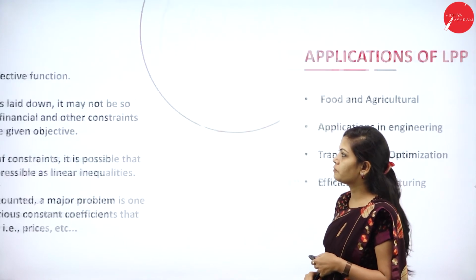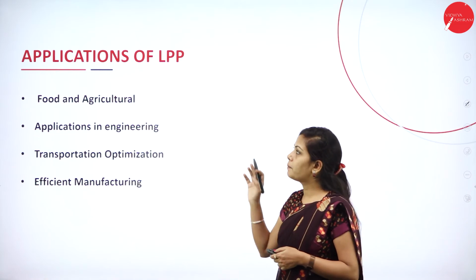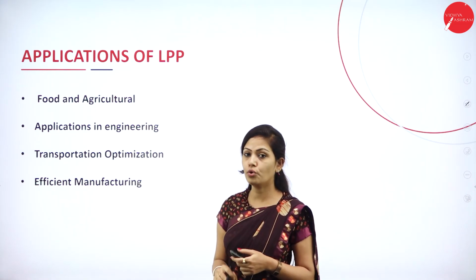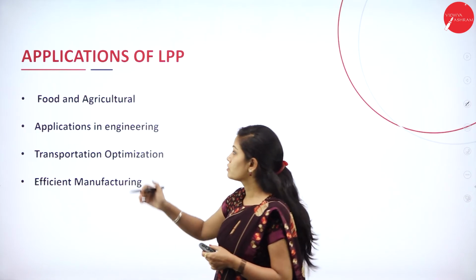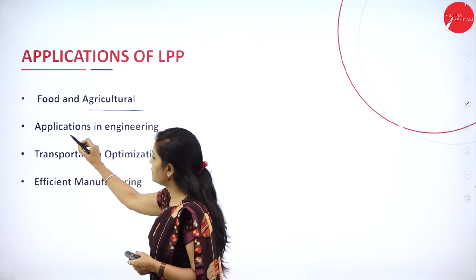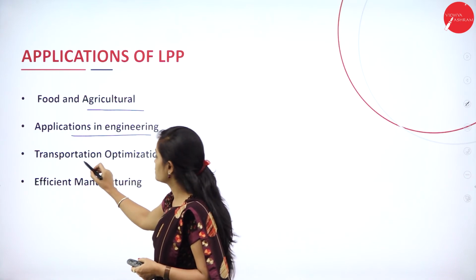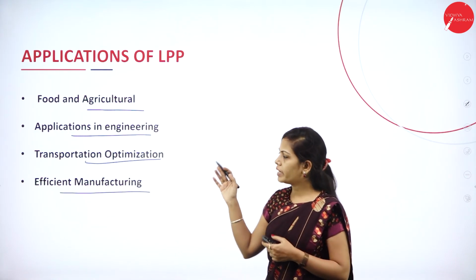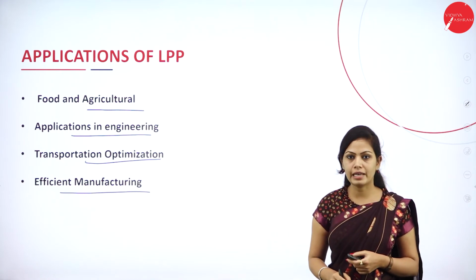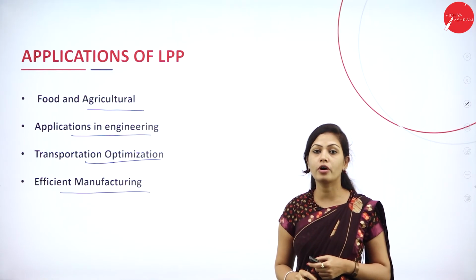And the last concept is applications of LPP. In which areas do we use this LPP model? Food and agriculture, applications in engineering, transportation optimization, efficient manufacturing. Very important applications of LPP, and a very important question for 8 marks.